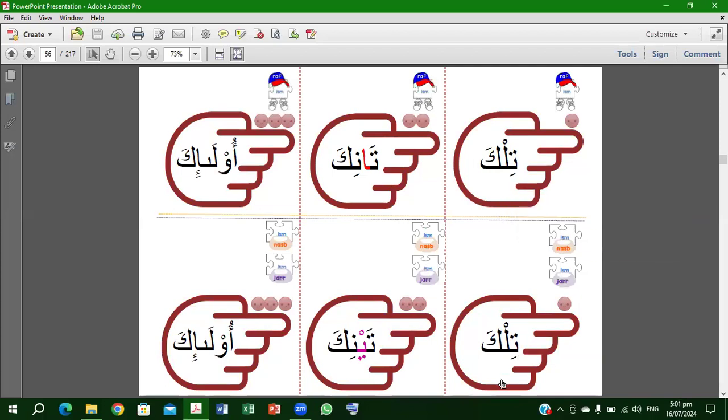Halate rafa and halate nasab and jar are exactly the same for singulars and plurals. Again, for pairs, it is different. If it is halate rafa, it is tanika. If it is halate nasab and jar, in both cases it is tainika. Alif is changed into ya. Always, it changes like this only.